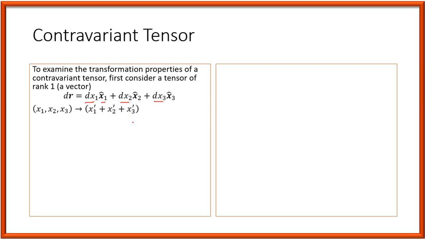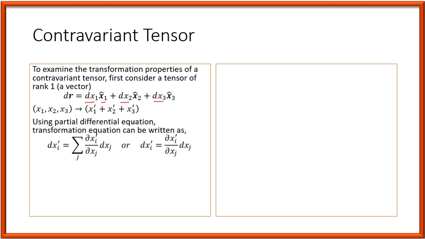Now I want to know how the quantity dx1 changes. So using partial differentiation, let's say dx1 dash is the component of x1 dash cap in the new coordinate system.